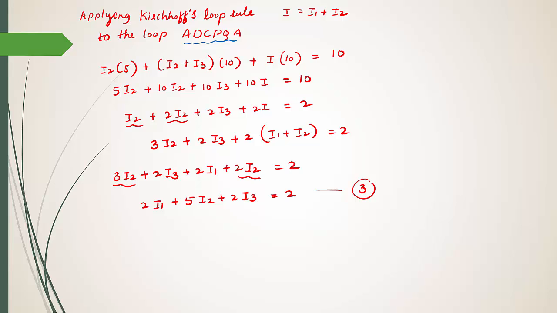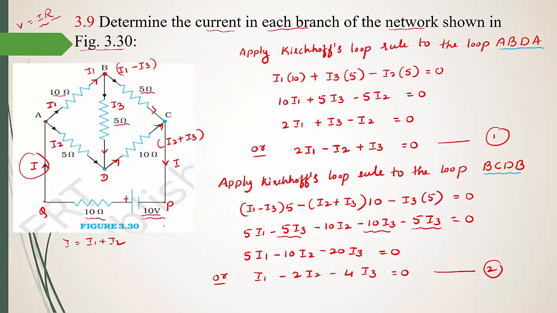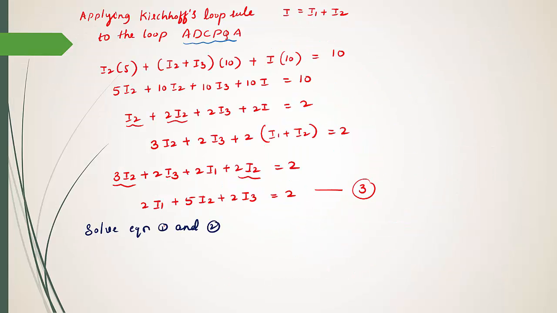Using these three equations, let us solve the value of I1, I2 and I3. Right? Now, I am going to use equation 1 and 2. Solve equation 1 and equation 2. Observe equation 1 is here: 2I1 minus I2 plus I3 equal to 0. Equation 2 is I1 minus 2I2 minus 4I3 equal to 0. I am going to write these two equations. See here. 2I1 minus I2 plus I3 equal to 0.